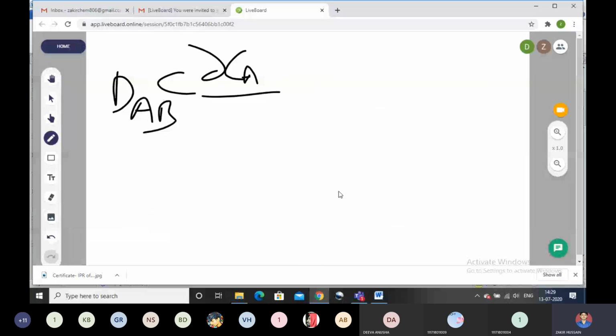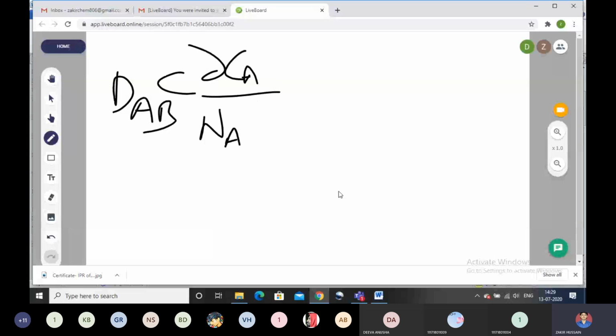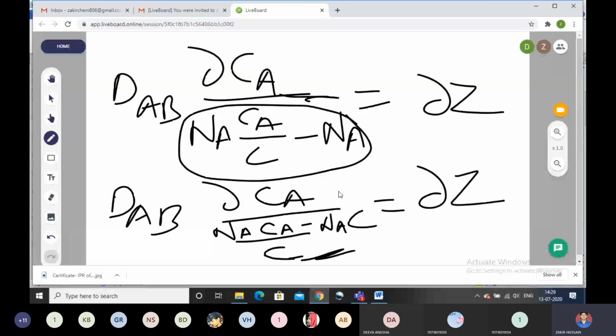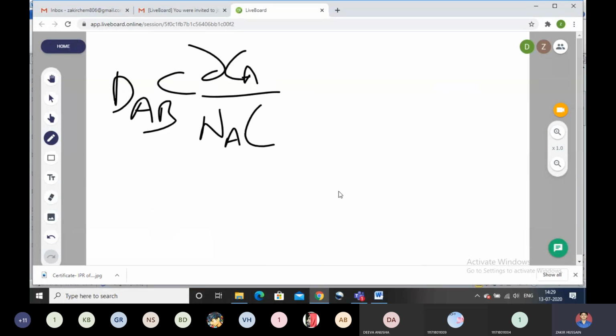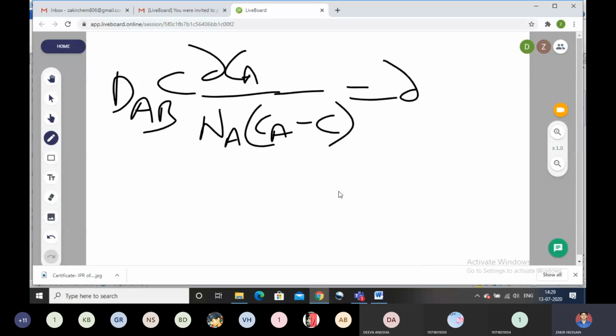So dou Ca by Na Ca minus C. Na we can take common because it is the same. So Na Ca minus C on the LHS side is equal to dou Z.